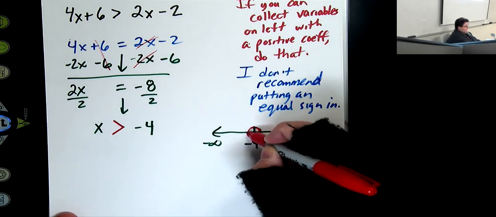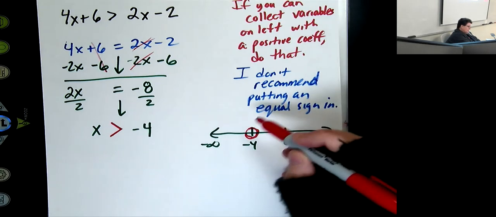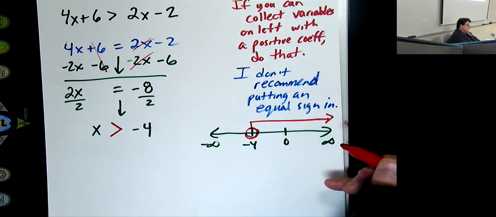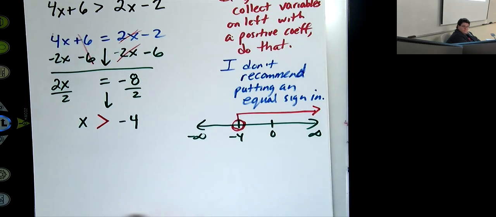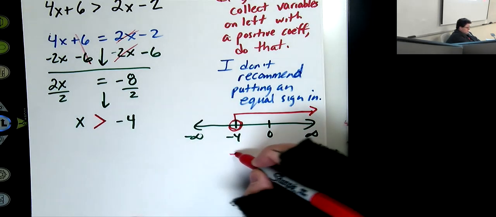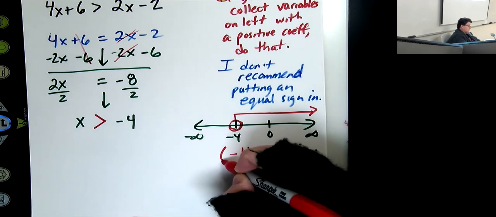I circle it because it doesn't have an equal portion. And I want numbers that are larger than it, which is to the right. I write this in interval notation. It goes from negative 4 to infinity, and we have parentheses on both.